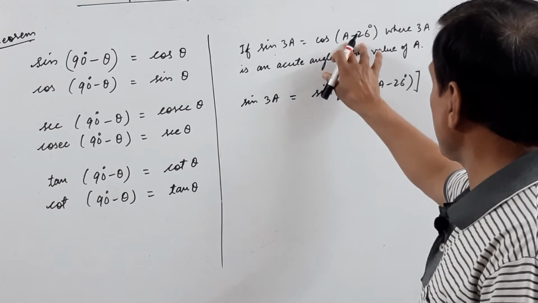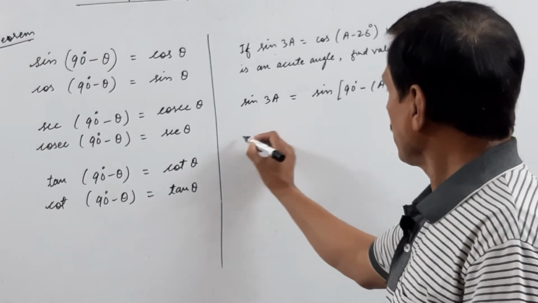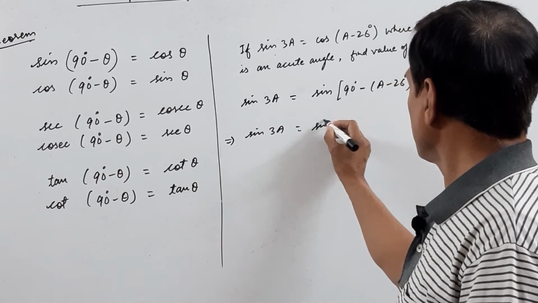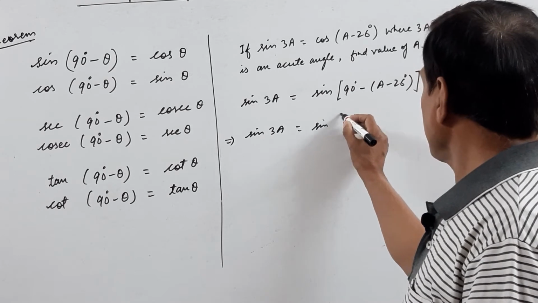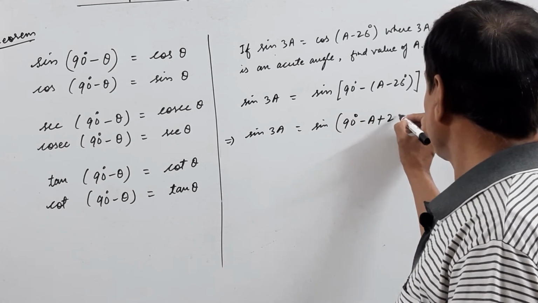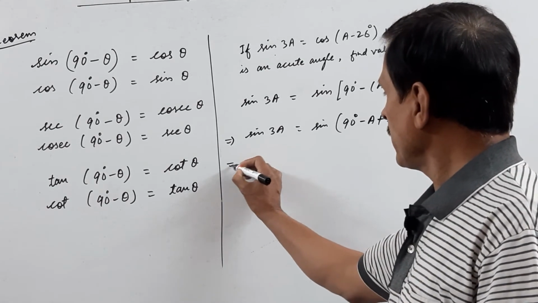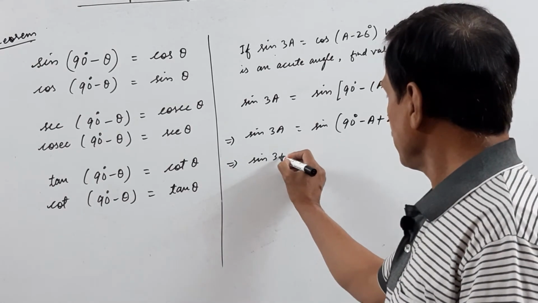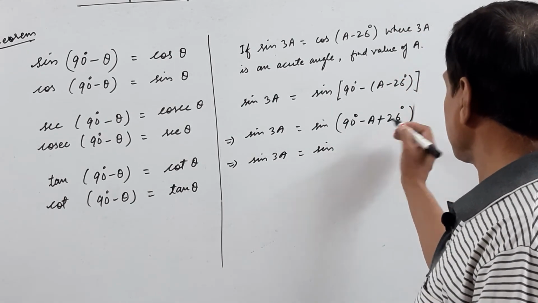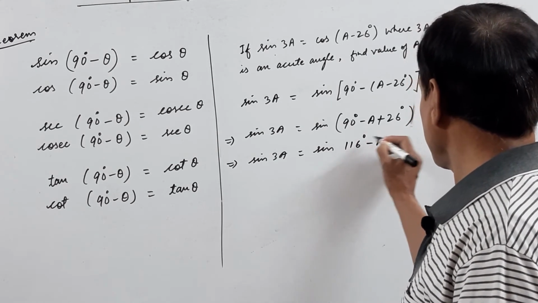Since sin(90 minus theta) is cos theta, sin 3a is equal to sin(90 degrees minus (a minus 26 degrees)), which implies sin 3a is equal to sin(90 plus 26, that is 116 degrees minus a).